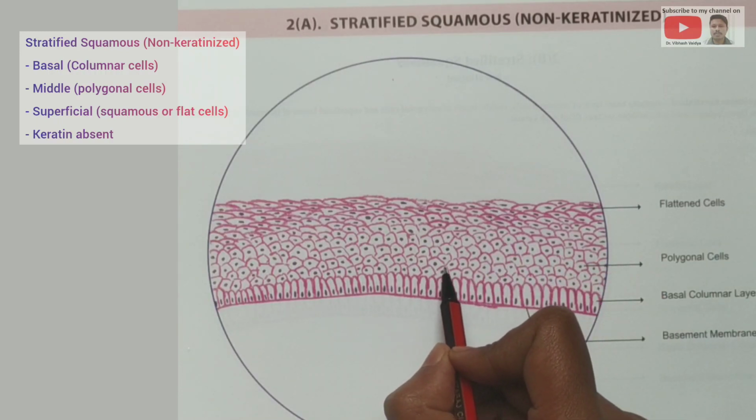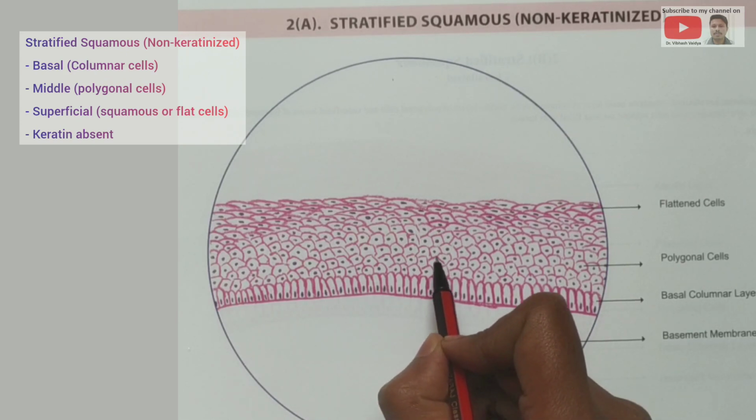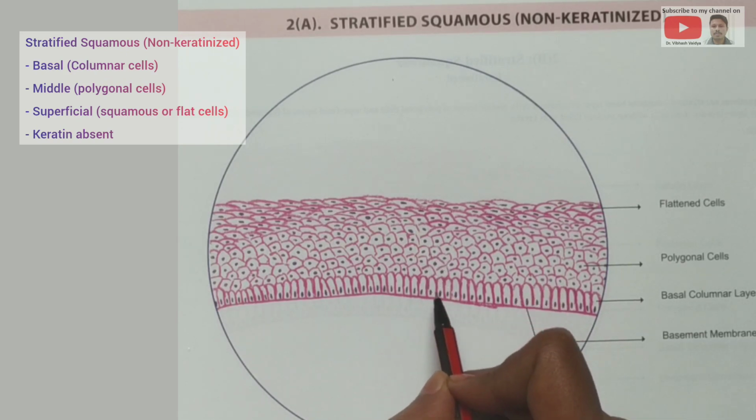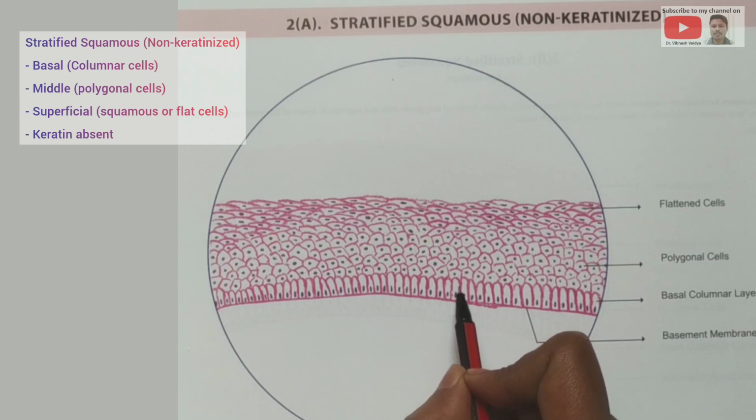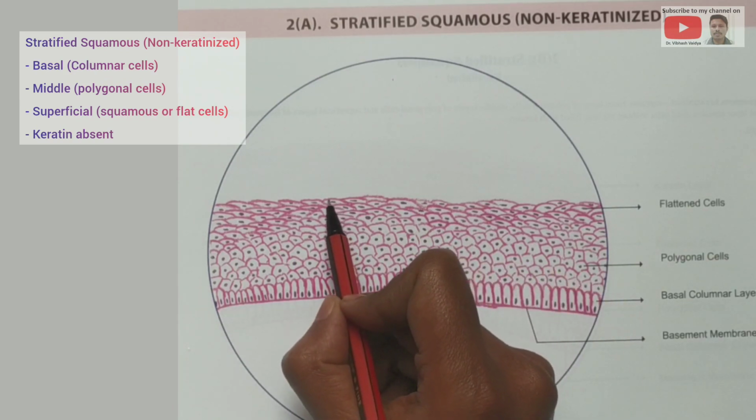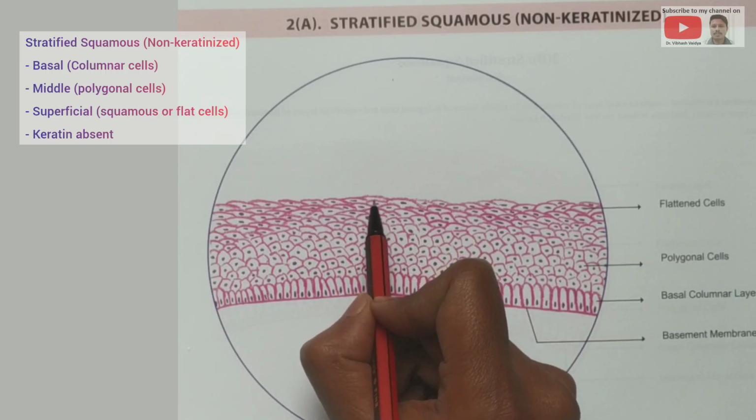So you can appreciate the middle layer of this type of epithelium is polygonal in shape. The basal layer is tall or columnar cells, and the superficial layer is flattened cells.